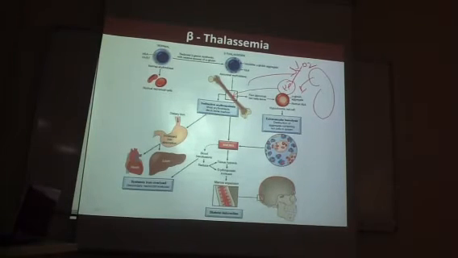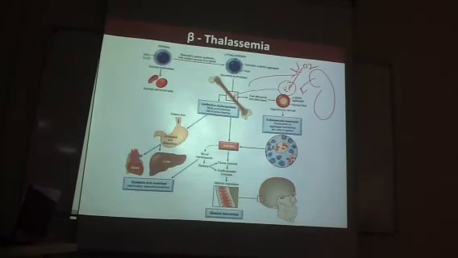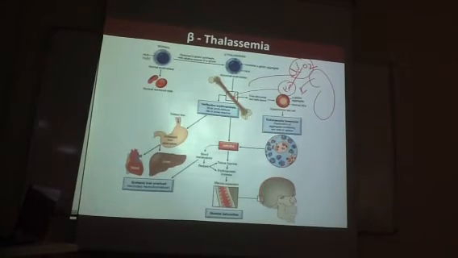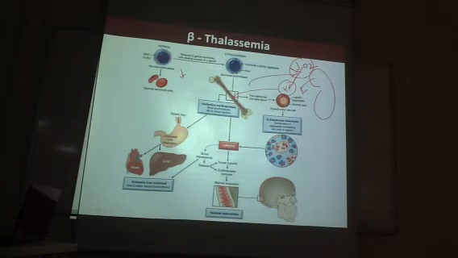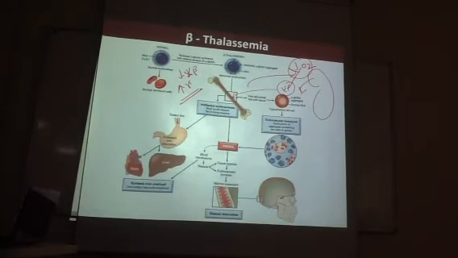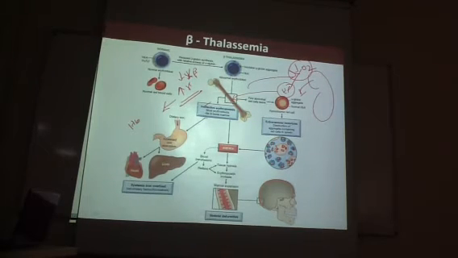So automatically there is hyperplasia of the bone marrow that will expand the bone marrow. So this happens why? Because there is less or no beta chain, but there is more increased gamma chain. Understand? So that leads to increased production of hemoglobin F.